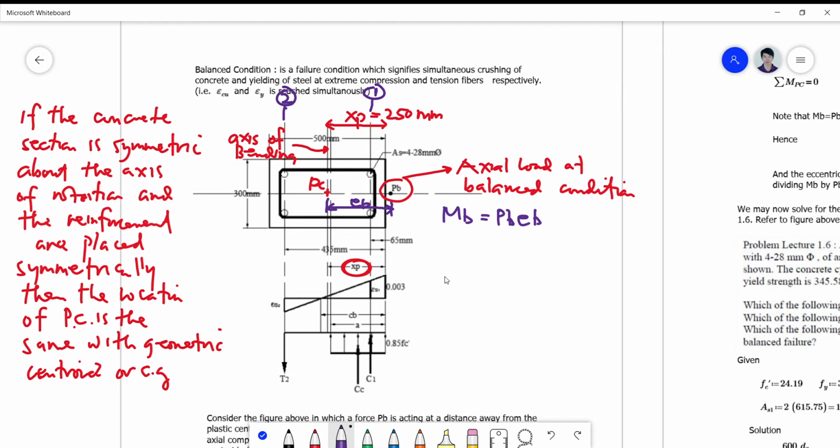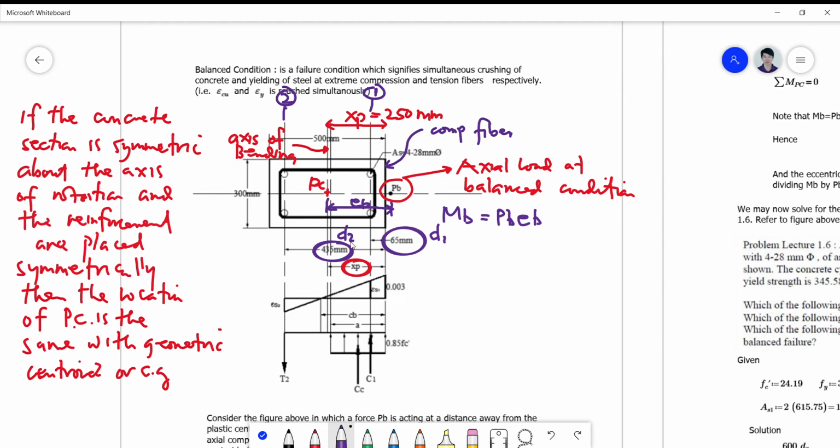So we tag this now as your distance from the compression fiber. So this is now the extreme compression fiber. So from the compression fiber, there is now a distance of 65 millimeter, which is actually your D1, and 45 millimeter, which is actually your D2.